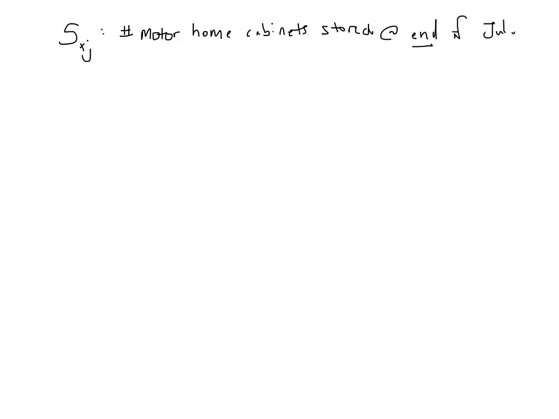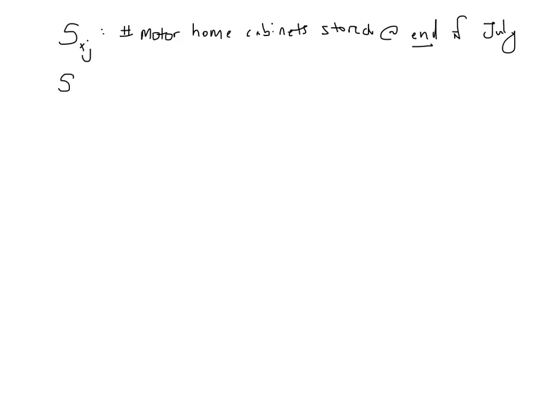And then I'm going to subscript it with XJ. And that's the number of, remember X was our motorhome, so number of motorhome cabinets stored at the end of July. The end there is kind of important. We'll see why in a minute.